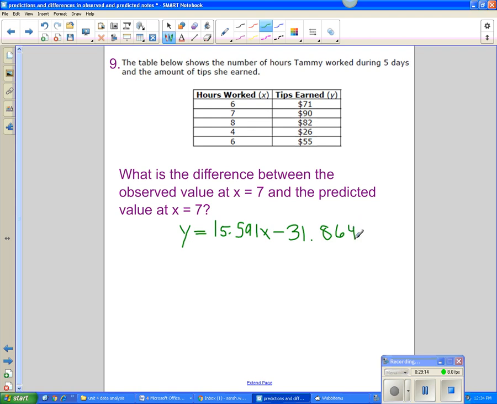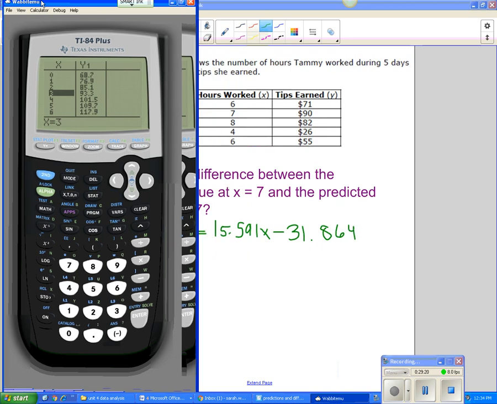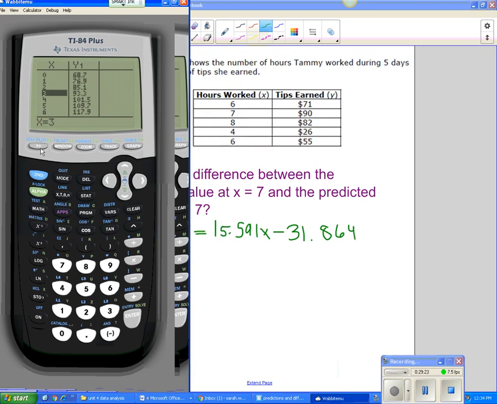The 3 rounds up. Okay, so I'm going to put this in my y equals 15.591x minus 31.864.